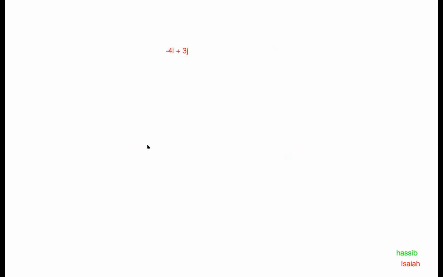So if I was given vector 1 and vector 2, I would decompose both of these vectors before dealing with how to add them. So let's say this is vector 1.